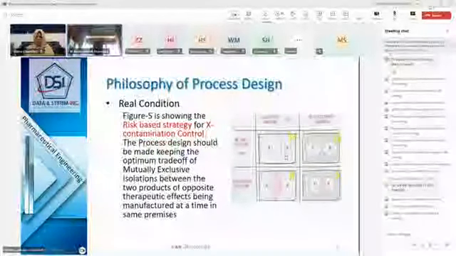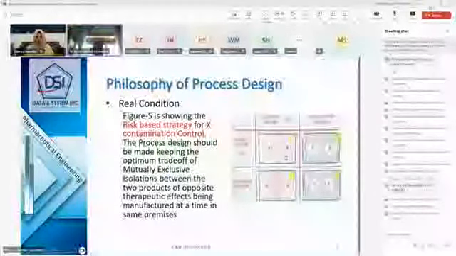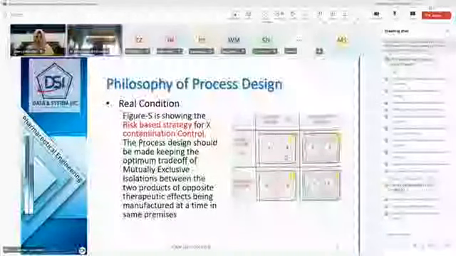This is the region where you have the maximum probability of cross contamination. So you have to address this region in order to make sure that it is depleted or eliminated, and convert the whole process from scenario S to scenario P.